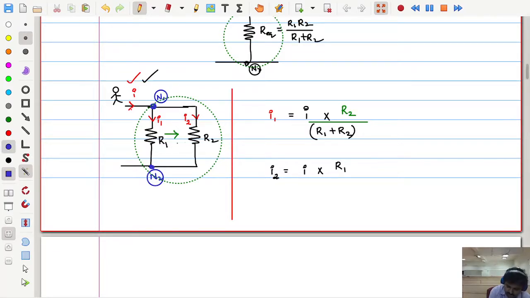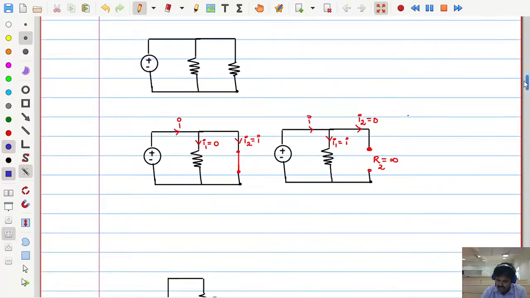For R2, the opposite person is R1. For R1, the opposite person is R2. I am using color coding also, you can check carefully. So in that way, divided by the sum of your and your brother's strength. These are the current division principles. Clear?